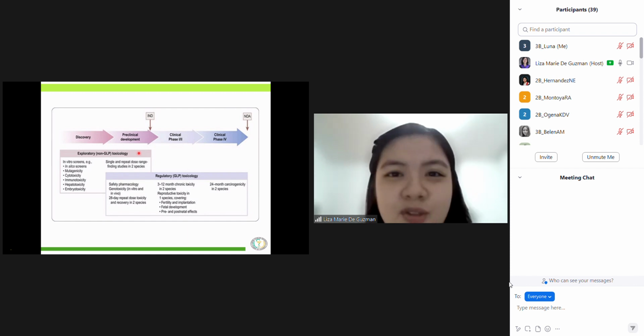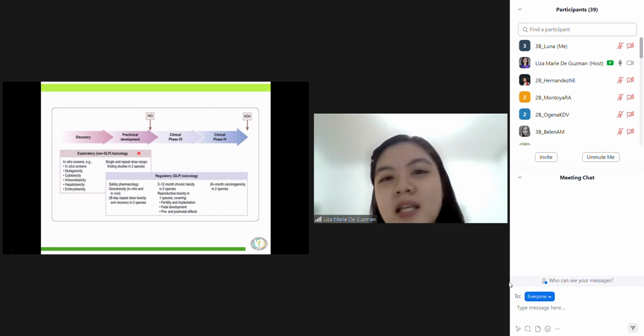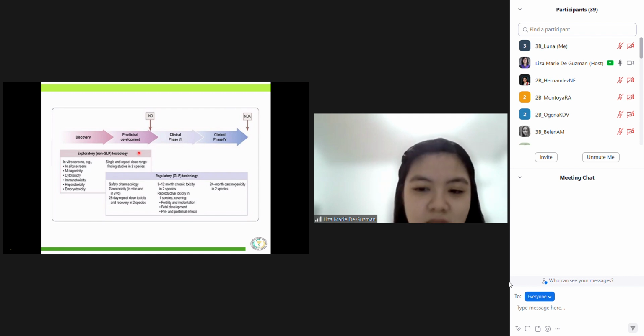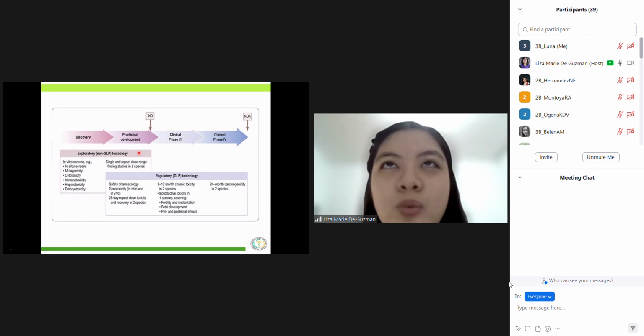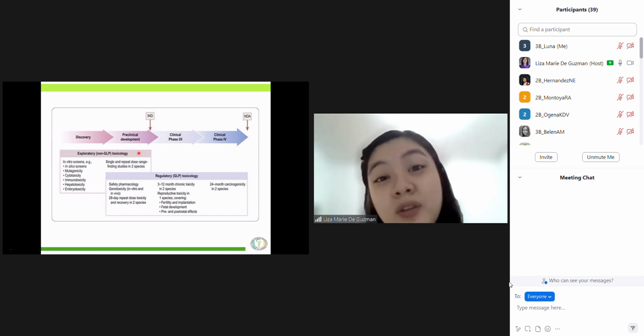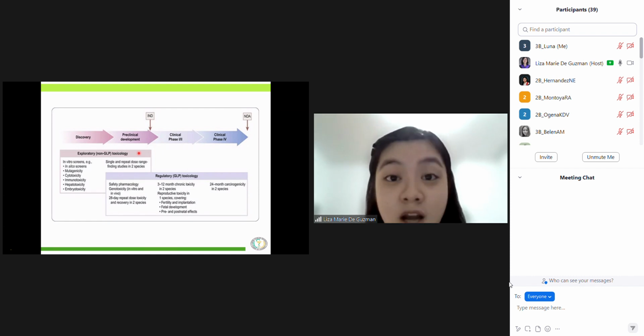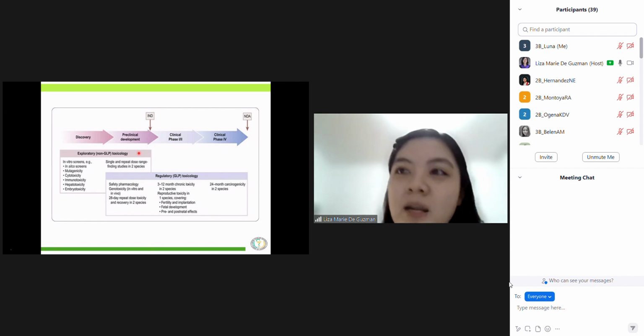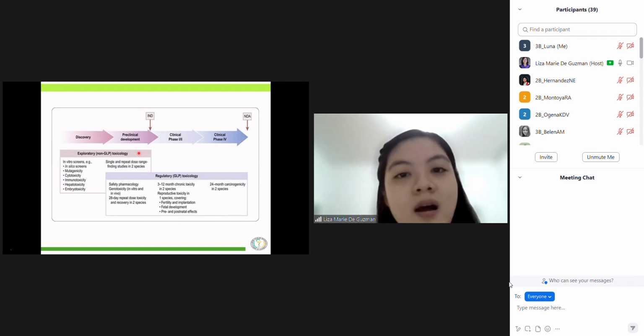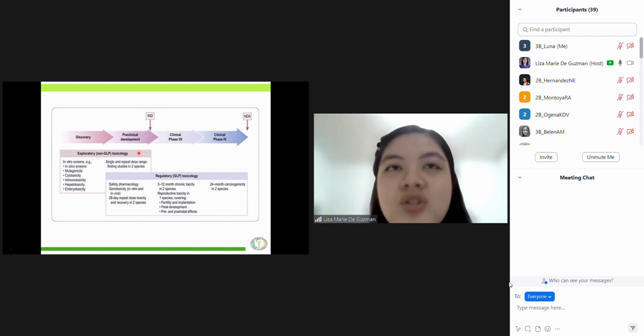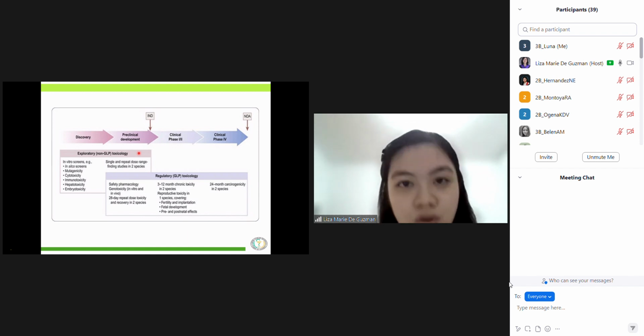Why do we need to perform it? First of all, we want to know what potential toxicities the drug can produce, so that during the clinical trial, phase 1 up to phase 4, we know which adverse effects should be monitored.